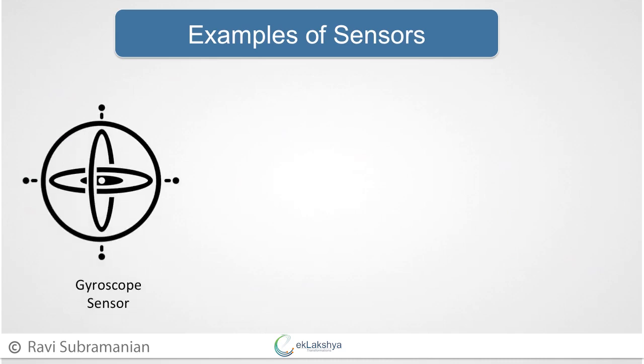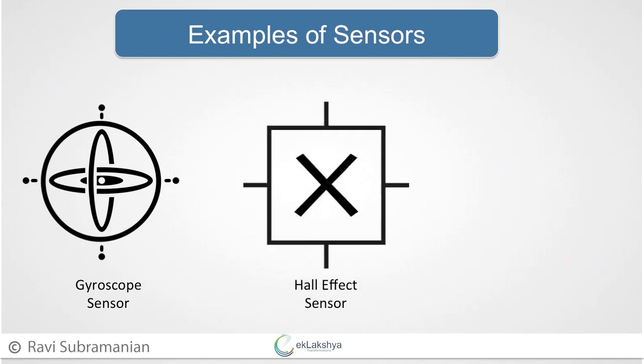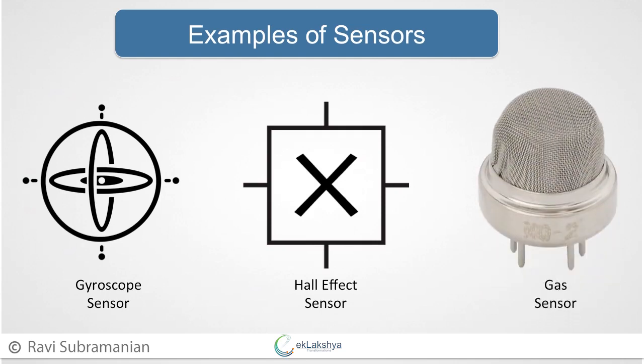The gyroscope sensor, again commonly used in mobile phones, is used for detecting rotational movement. The Hall effect sensor measures the magnetic field. The gas sensor could be used for measuring the presence of gases. So these are some of the popular sensors that are used. There are a wide variety of sensors further on that are used in several IoT applications.